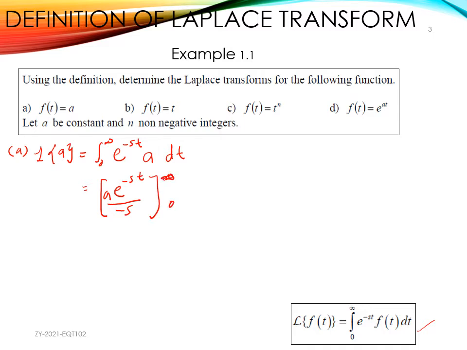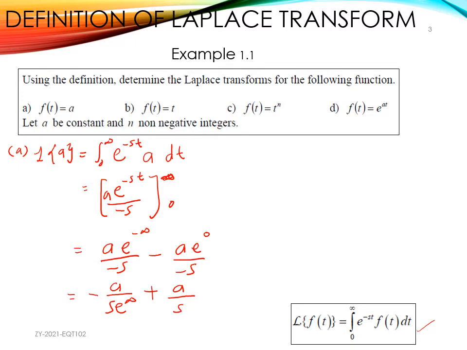We solve it: the upper limit minus the lower limit, so it will be a e to the negative infinity divided by negative s, minus a e to the 0 divided by negative s. Be careful here with e to the negative infinity. To avoid confusion, you can bring the exponent down, so it'll be negative a over s e to the infinity, minus a over s, which is positive s here.